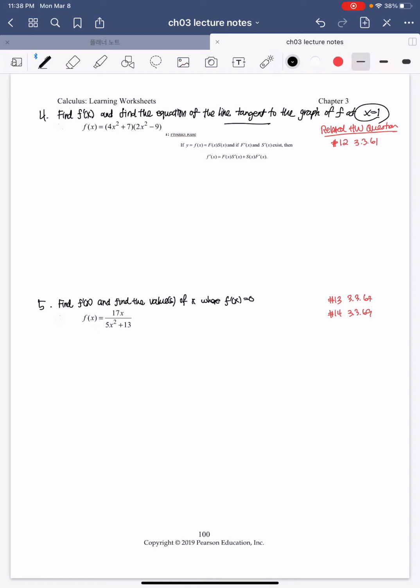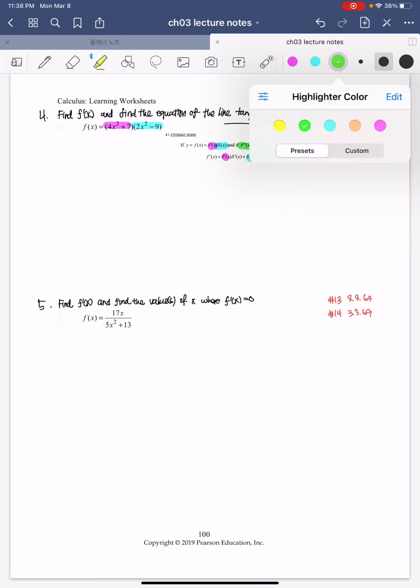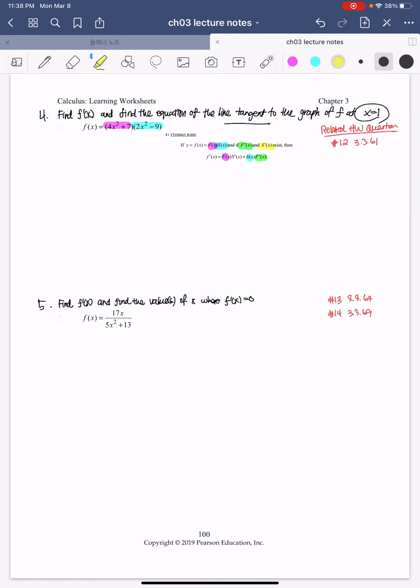So again, let's take the first one. You see the two different functions right over here. That's your f, and then this is your s. And then you're going to have f prime of x right over here, and then s prime of x right over here.